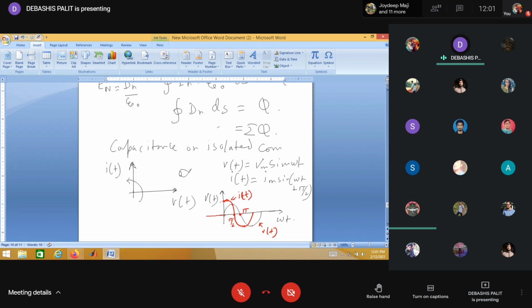If you consider here, the current phasor will lag by 90 degree, means if this is a voltage phasor, then in case of pure inductance, the current phasor will lag by 90 degree, means it will start from here.